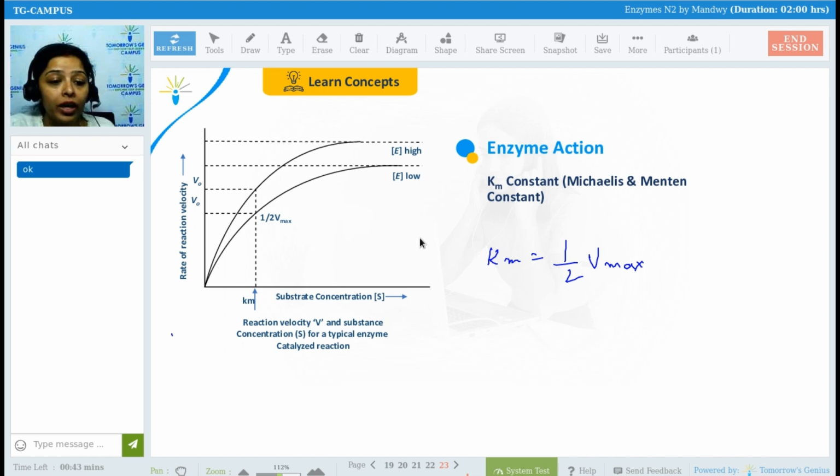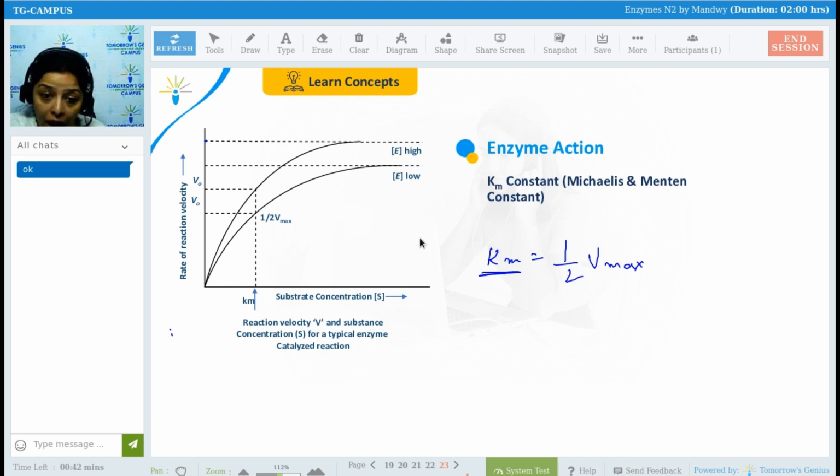If the Km is high, a higher Km indicates low affinity, whereas a lower Km shows strong affinity. Here the affinity means the complex-forming affinity between the enzyme and substrate. Are you getting me? Yes, ma'am.